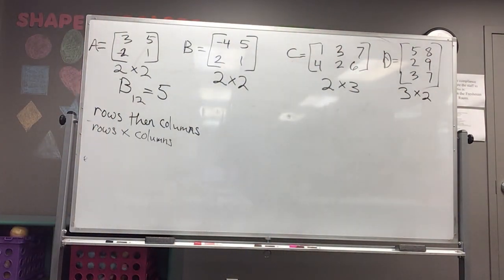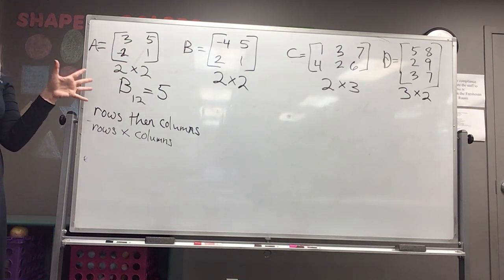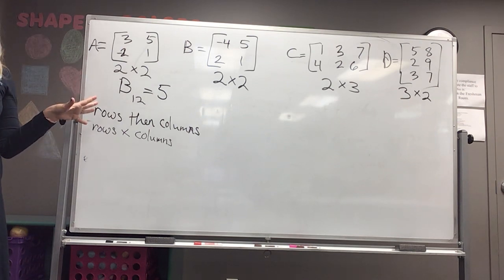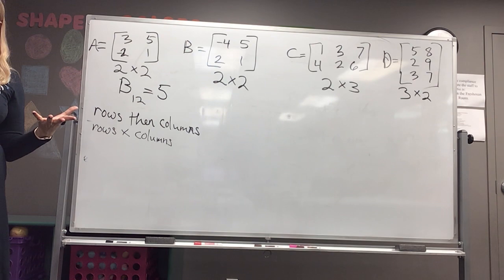So, the next thing to be aware of is multiplying matrices. The process for how to multiply them, we're going to talk about a little bit later, but this is just talking about, is it possible?